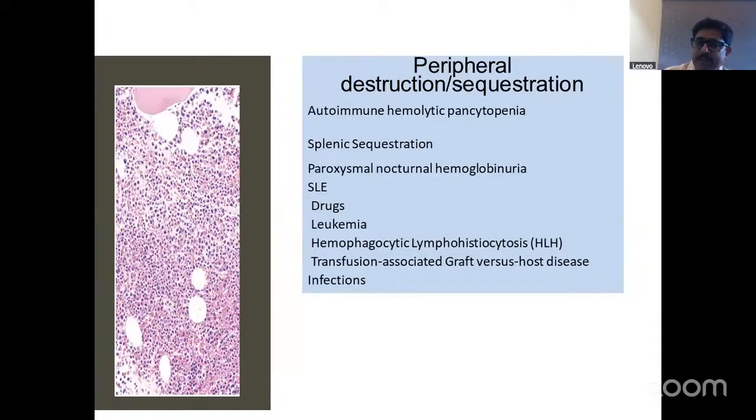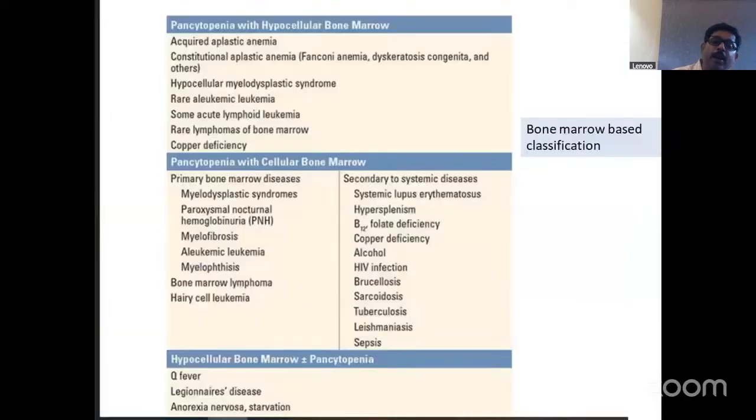Peripheral destruction and sequestration can be because of autoimmune hemolytic pancytopenia, splenic sequestration, paroxysmal nocturnal hemoglobinuria, autoimmune diseases like SLE, drugs, leukemia, HLH, which is hemophagocytic lymphohistiocytosis, transfusion associated GVHD, which is graft versus host disease, and infections as well. So these are peripheral destructive causes of pancytopenia.